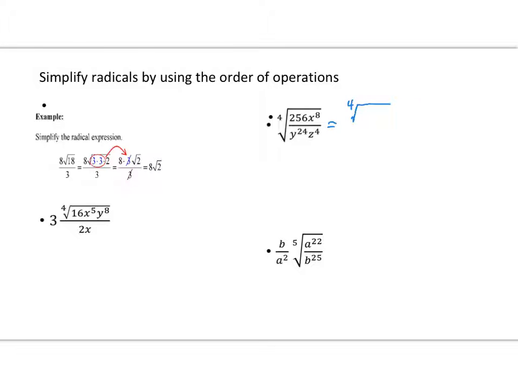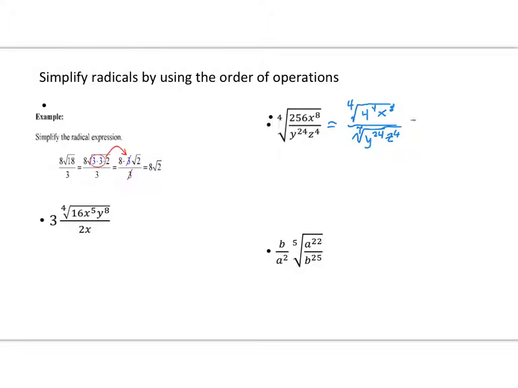At the same time, I know 256 is 4 raised to the 4th power, and then this is x to the 8th, right? And then on the bottom, this is the 4th root of y to the 24th, z to the 4th. So this is kind of simple once I put it in this format.